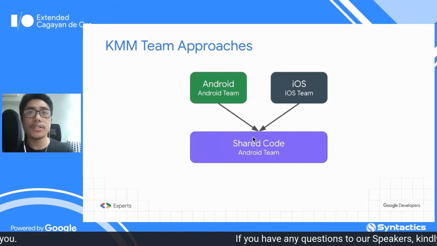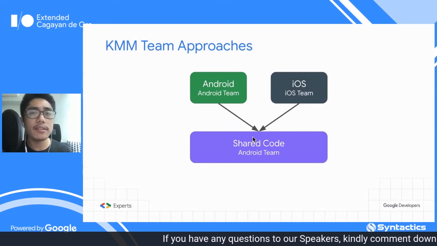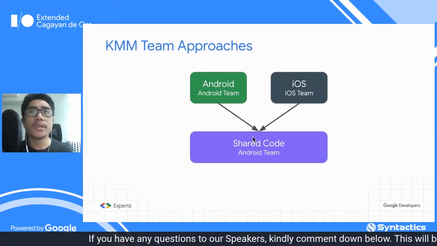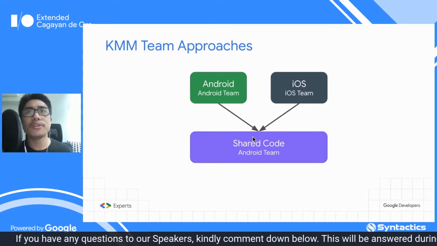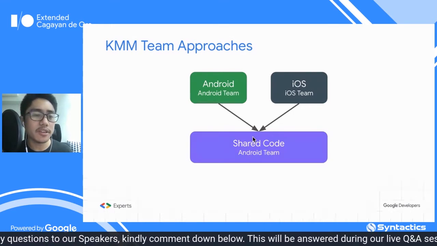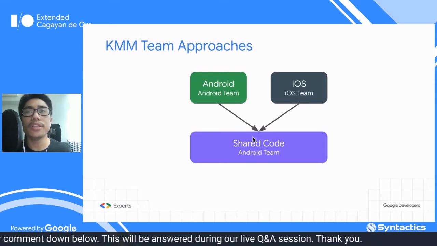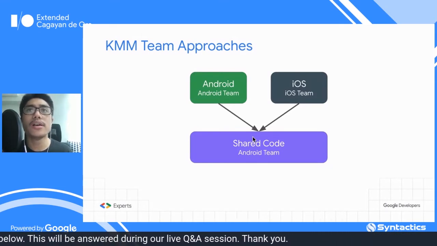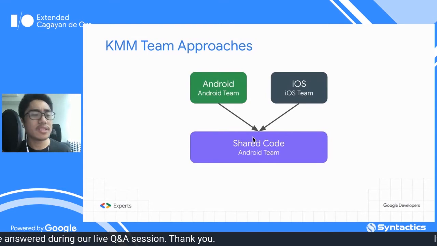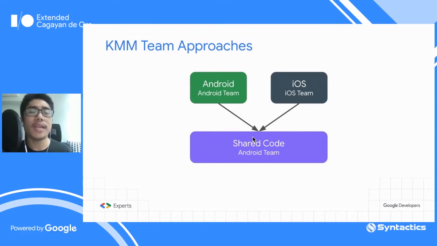Let them make the shared code in Kotlin. They can definitely do that. This is good, but it kind of makes iOS at the mercy of the Android team. The iOS team is just going to be waiting for the Kotlin multiplatform module, and it's kind of unfair to them. What if the Android team does something that doesn't work for the iOS team? Then there's a problem.